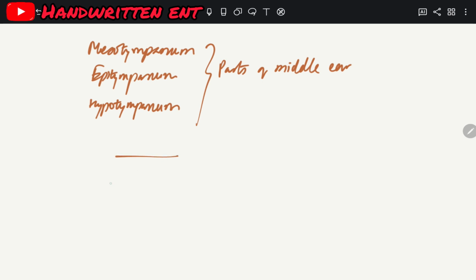Suppose this is our external auditory canal and this is the tympanic membrane. This is the middle ear cavity. So this is the EAC, this is the middle ear cavity.